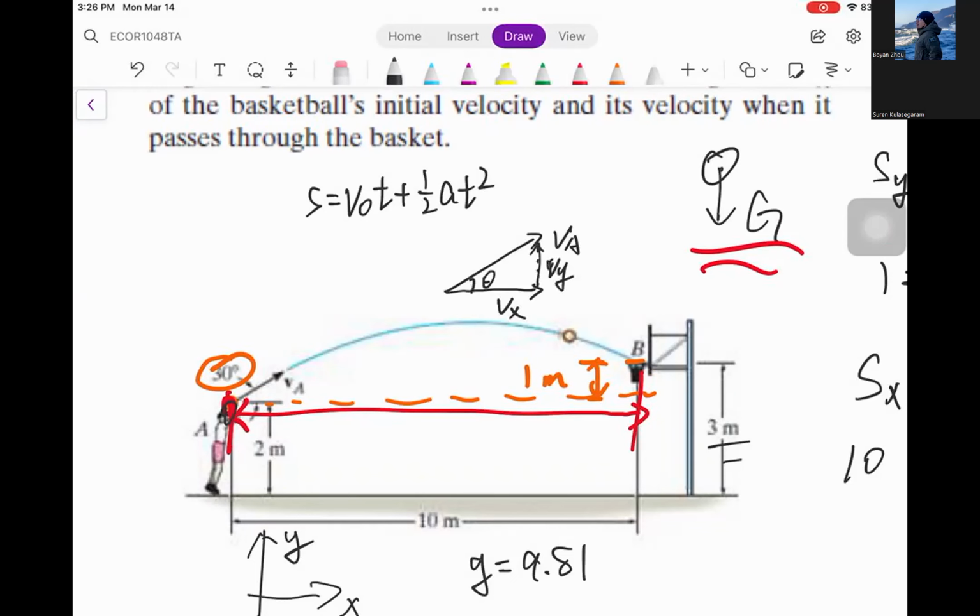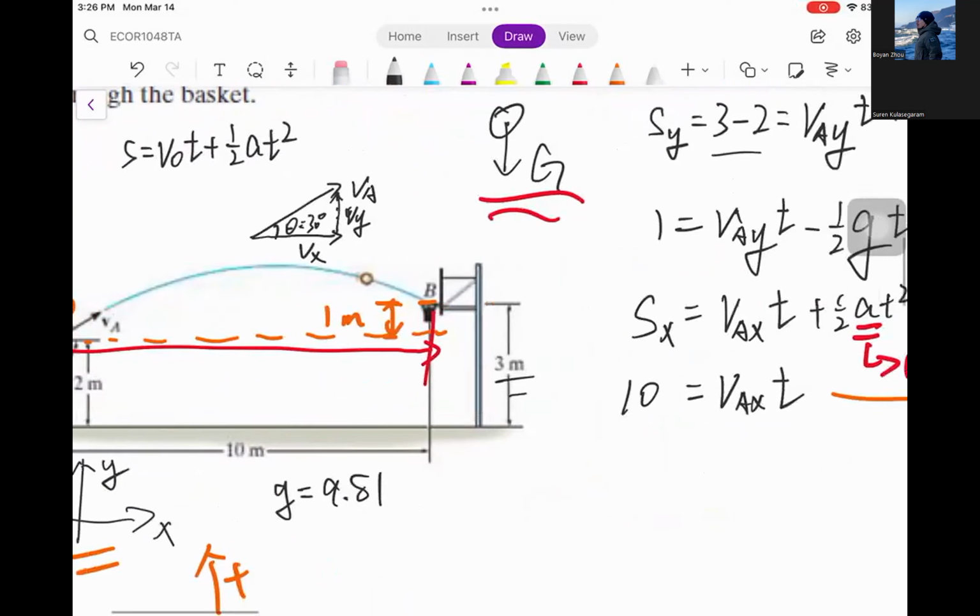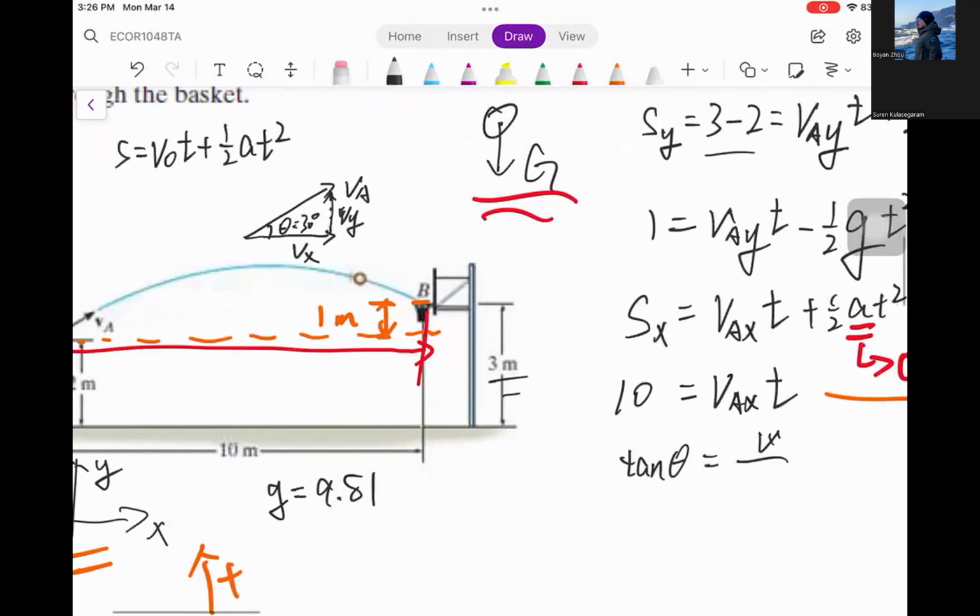Here's 30 degree. So in this geometry, we know tangent theta is equal to VAY over VAX.